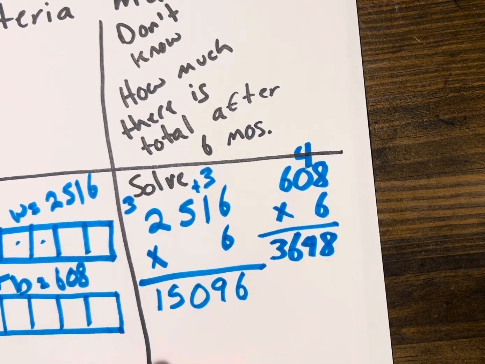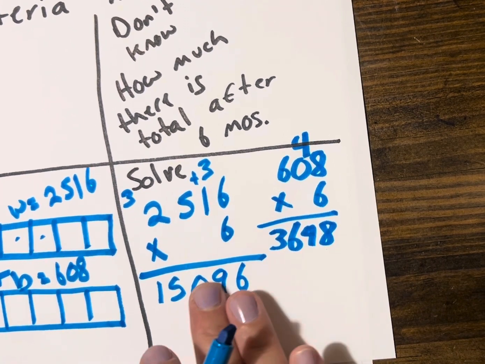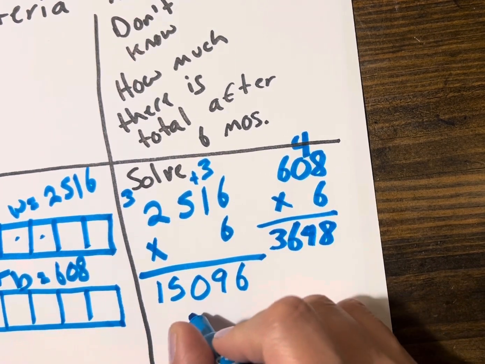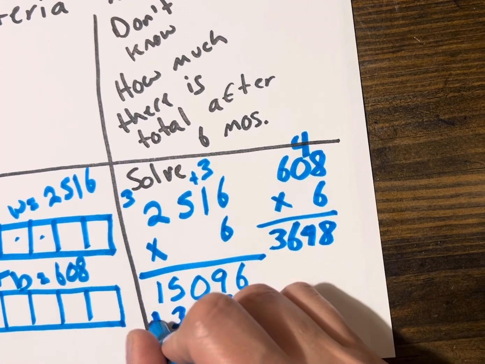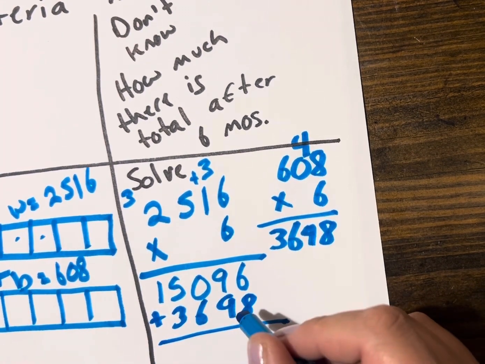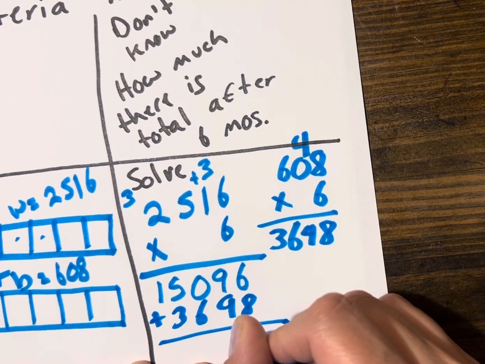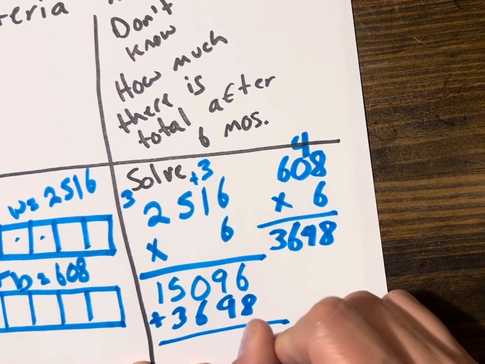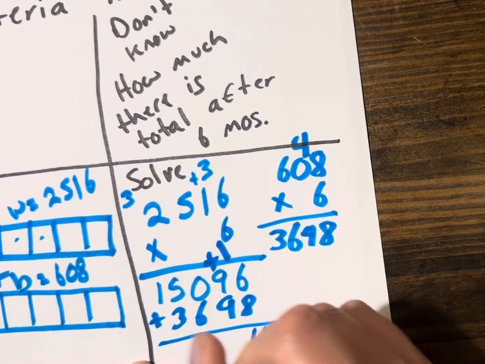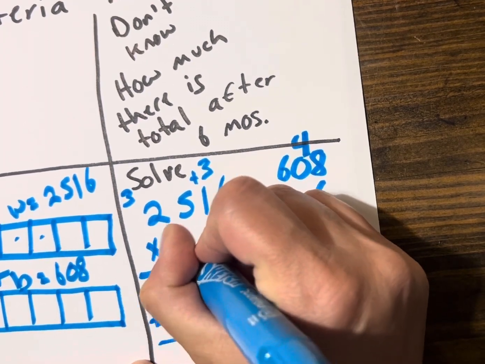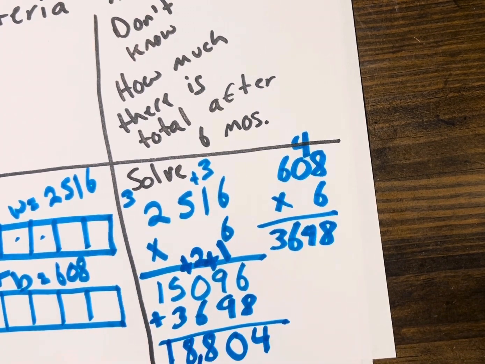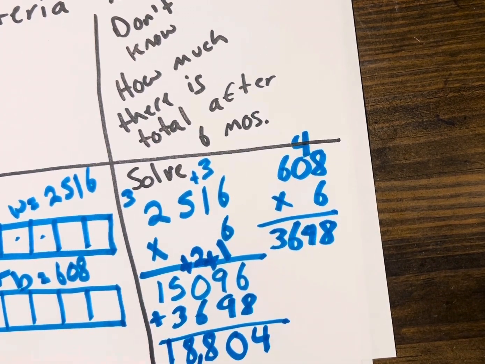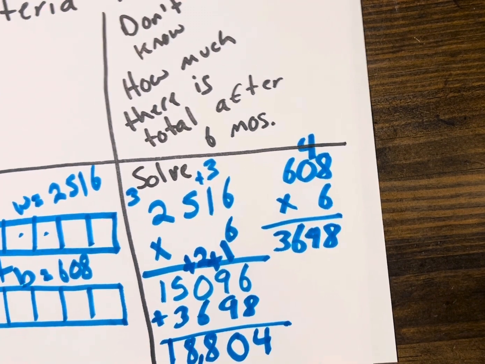So now my final step to get my actual answer is going to be to add these two totals together. Okay, so we should come up with 18,804 pounds of rice cooked total after 6 months.